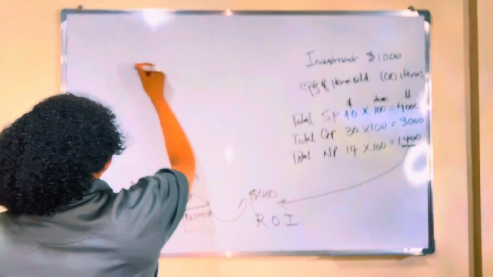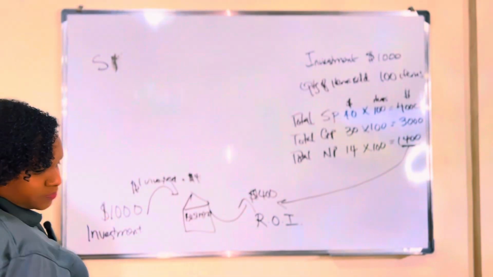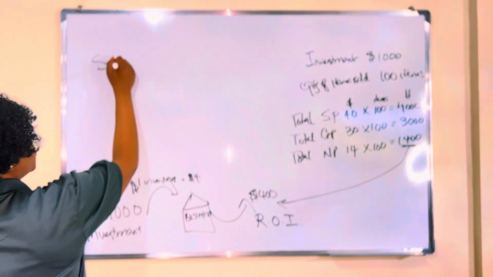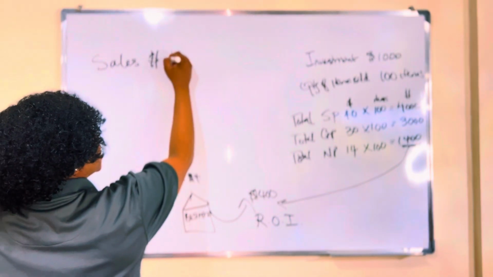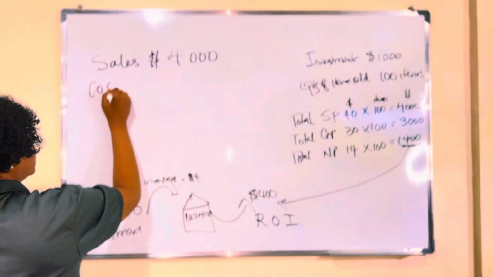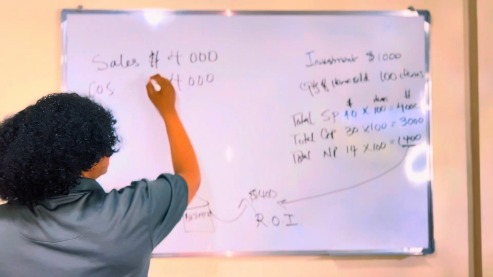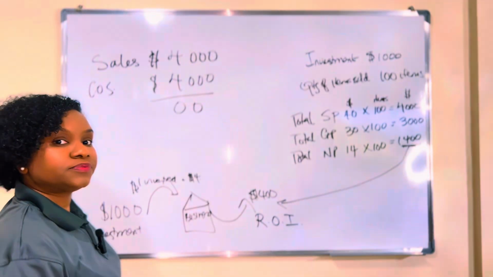So let's say your total sales for the month is $4,000. And your cost of sales, your fixed costs, is also $4,000. So therefore, did you make a profit?